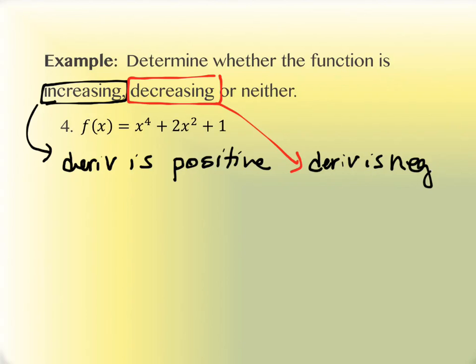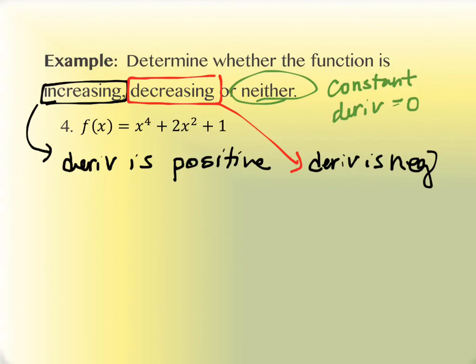I'll draw a picture to match this. And what would neither mean? It's not increasing and it's not decreasing. It's just constant. And constant is equivalent to having a derivative that's what? Yeah, the derivative equals 0.